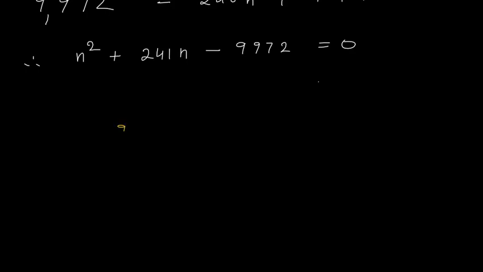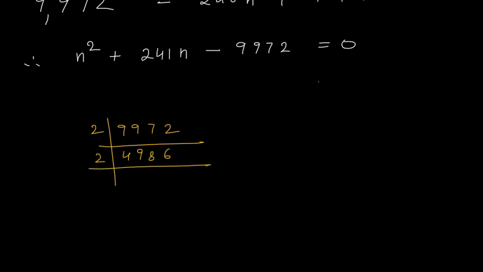9972, if we factorize, we start with 2. 2 times 4 is 8, 2 times 9 is 18, 2 times 8 is 16, 2 times 6 is 12. Then with 2, 2 times 2 is 4, 2 times 4 is 8, 2 times 9 is 18, 2 times 3.